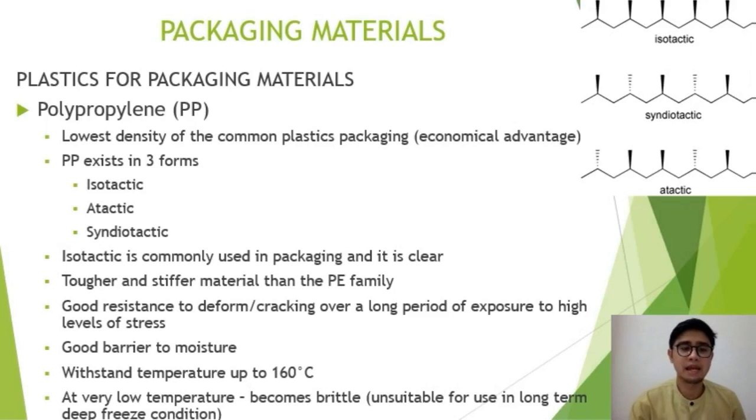PP exists in three forms, which are isotactic, atactic, and syndiotactic. The three forms differ in the asymmetric carbon orientation. So the isotactic means that all asymmetric carbons in the polymer or in the plastic have the same configuration.